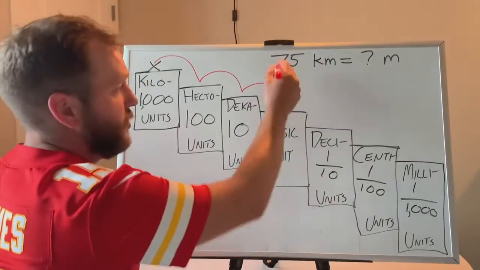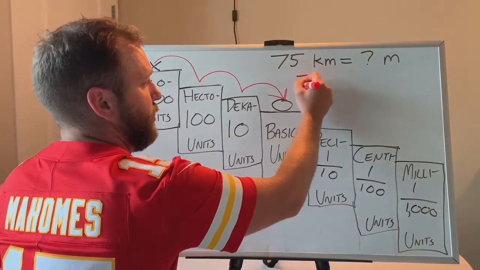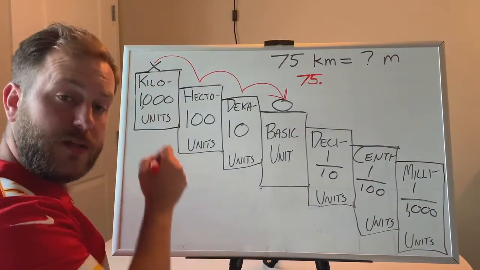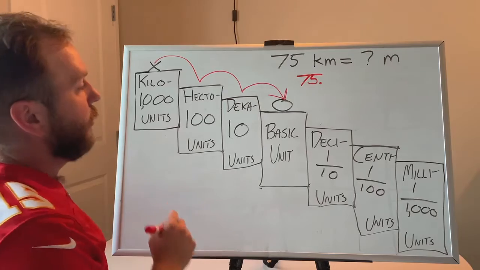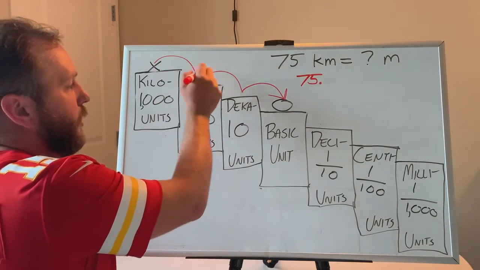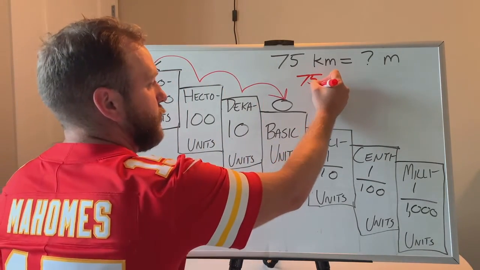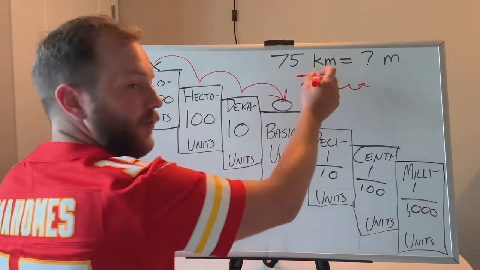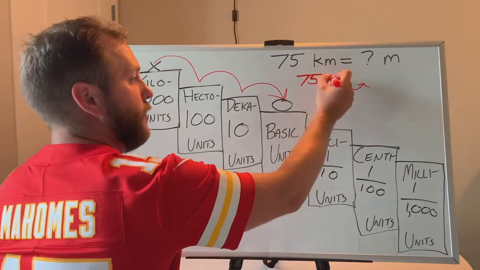So that means we're going to take 75, put a decimal point right here where there is one, we just don't see it, and we're going to move that decimal point 1, 2, 3 steps to the right. And we're going to fill in all of those blanks with zeros.